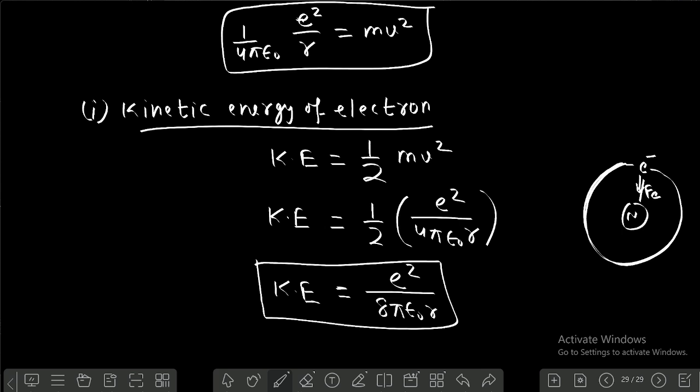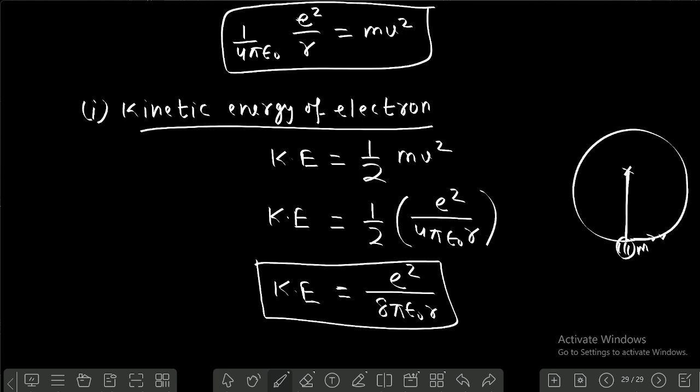Like how you can say, you can say like this one. Suppose you take one string, connect one mass M here. A string is there, here this is the center. Normally this mass will not move in a circular path. Just give a velocity here, then what will happen? It will move in a circular path because of this string, when you rotate that string.